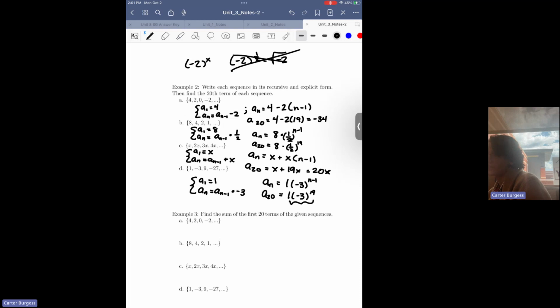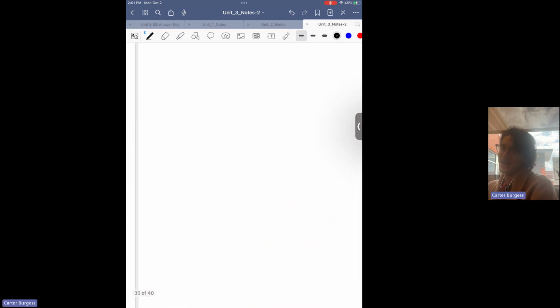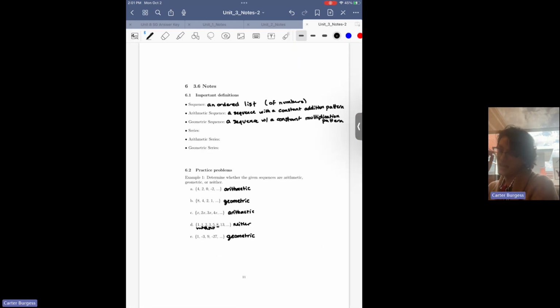All right, one more thing that we are going to look at, and that is our series for our sequences. So a sequence is just the list of numbers.